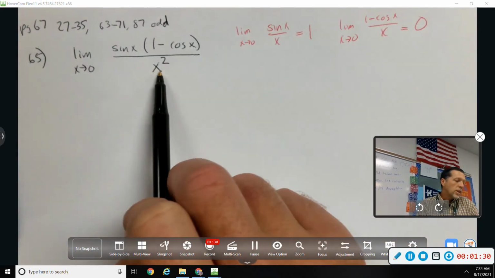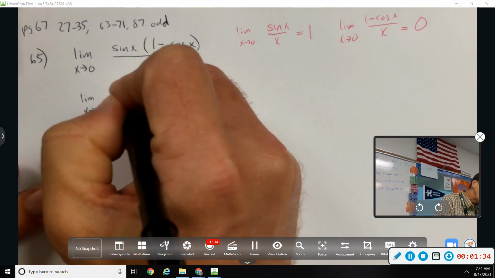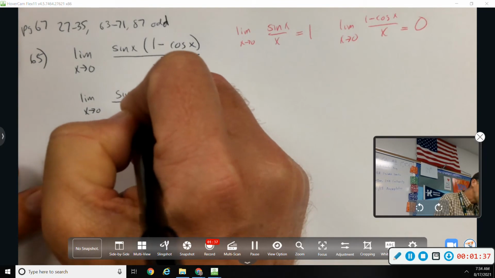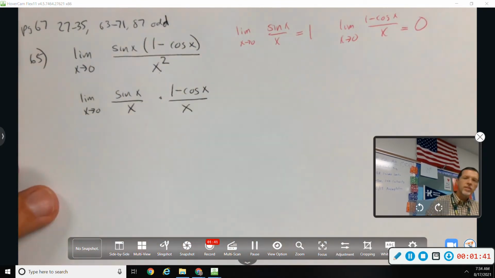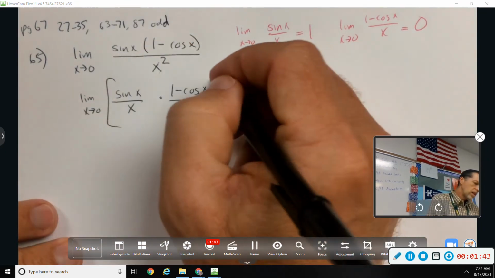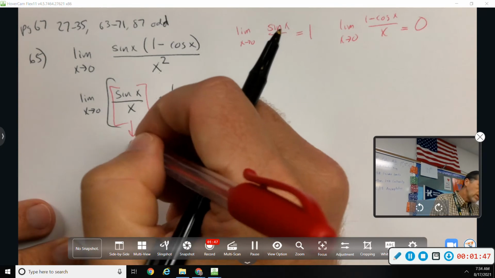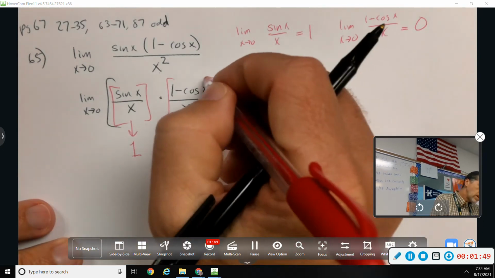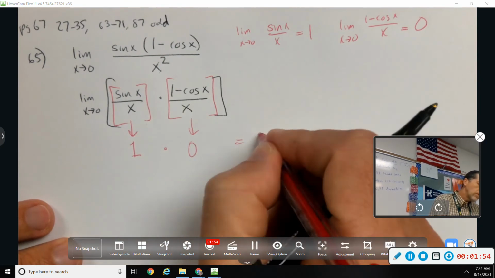So if I split up this x and rewrite this as sine of x over x times 1 minus cosine x over x, well, this one is 1, and that one is 0, and 1 times 0 is 0.